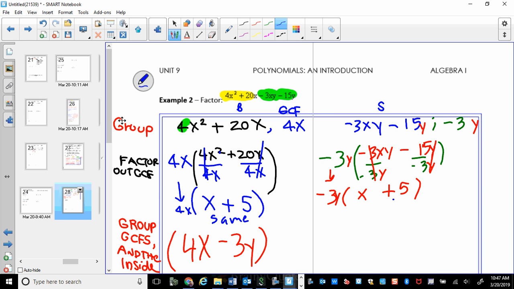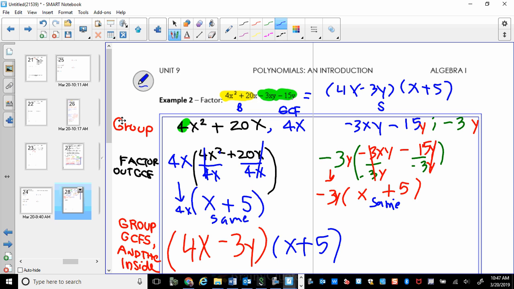The inside should always be the same. It's a type of distribution. This is the fully factored form of this original problem. This equals 4x minus 3y times x plus 5. It took us not very long to do that, which is good.